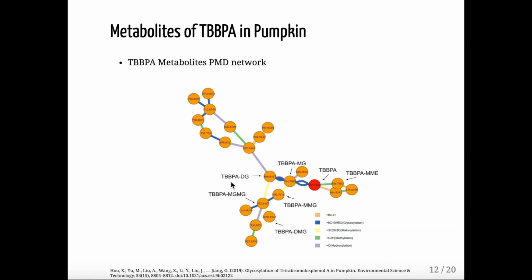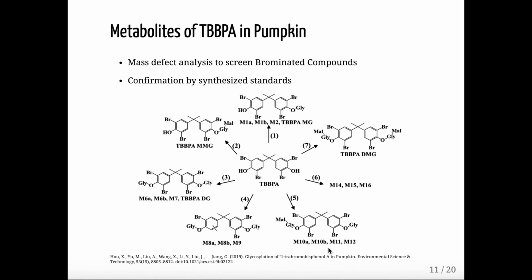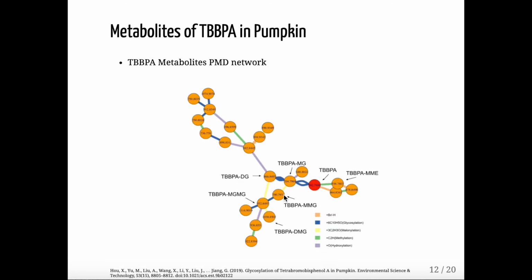Then I got the raw data of this study and performed the analysis again, and I built a PMD network of TBBPA, using the 5 processes already reported in these 7 different metabolites. Interestingly, we not only found all the compounds we found before, we also found metabolites of metabolites of metabolites of TBBPA.